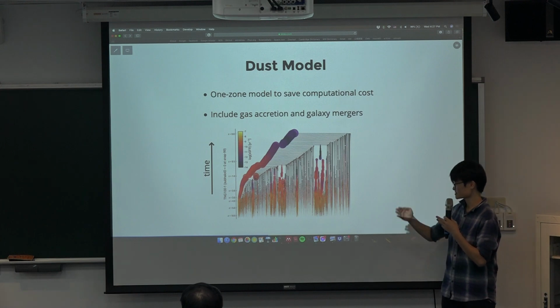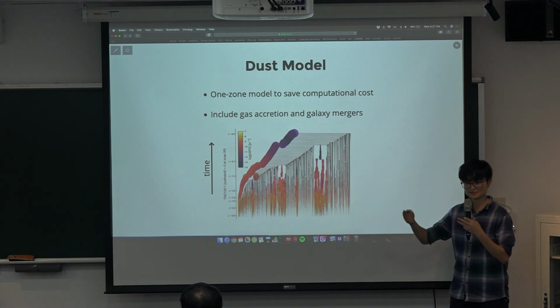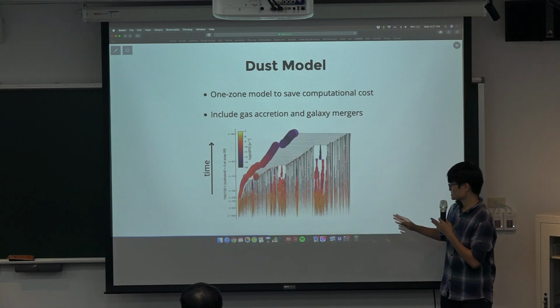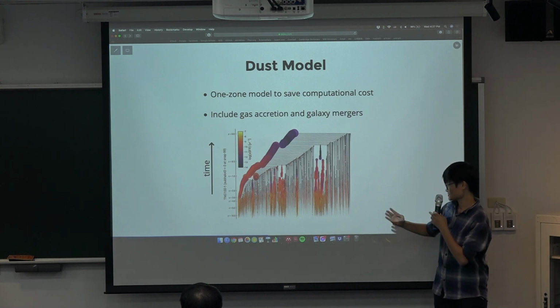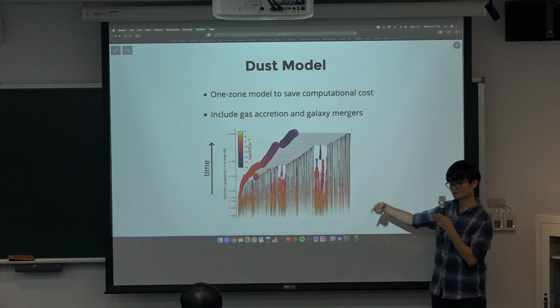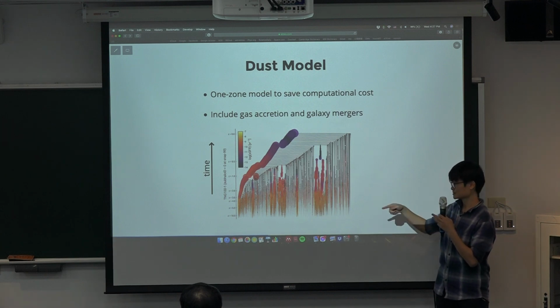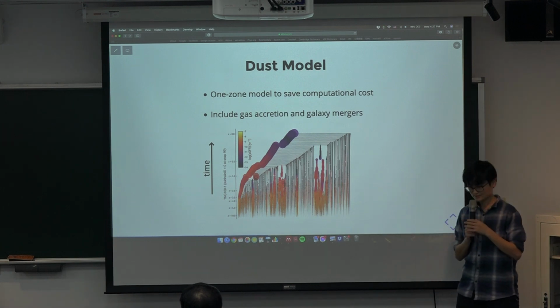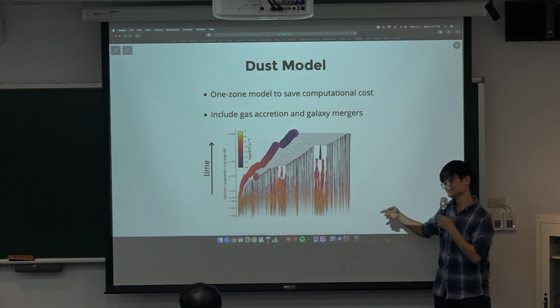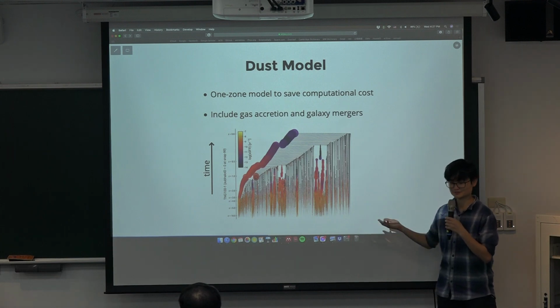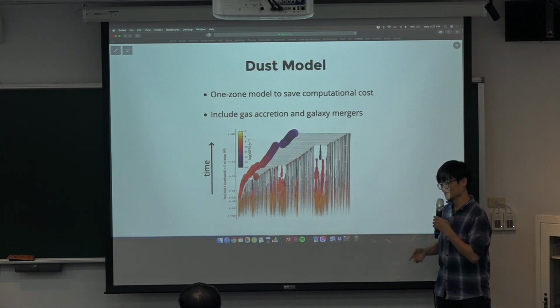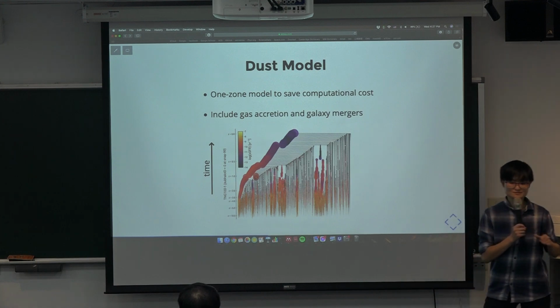The only thing that can happen is stellar dust production, so the empty space will only grow as a function of the star formation rate, mainly as a function of the star formation rate.